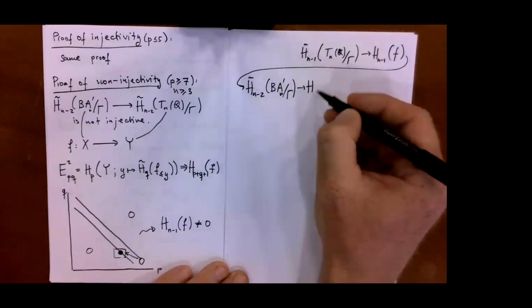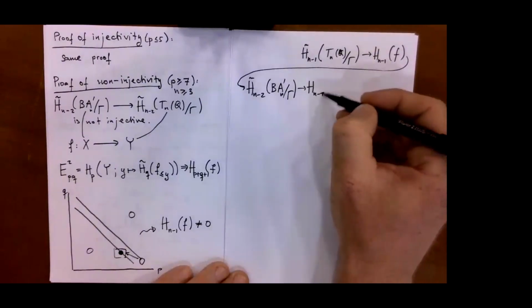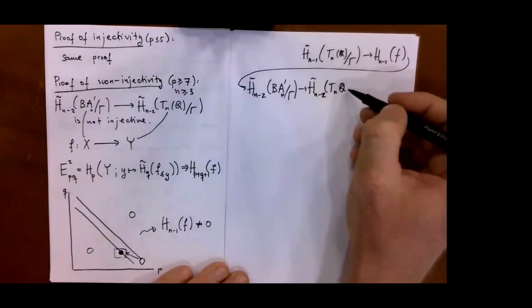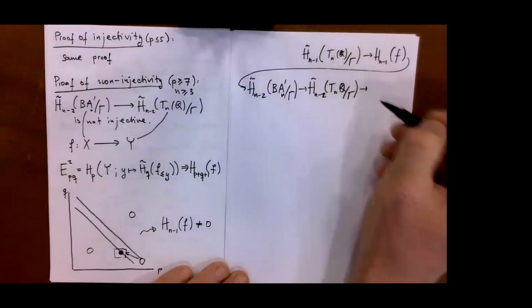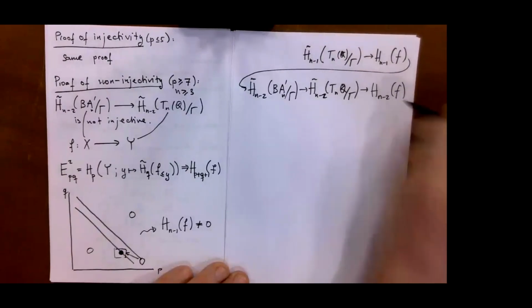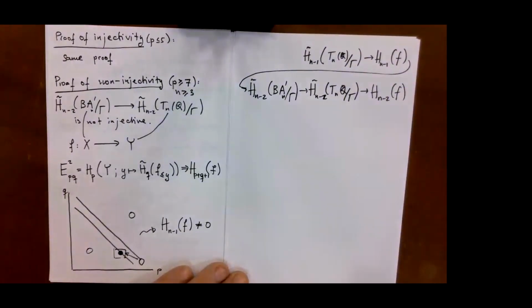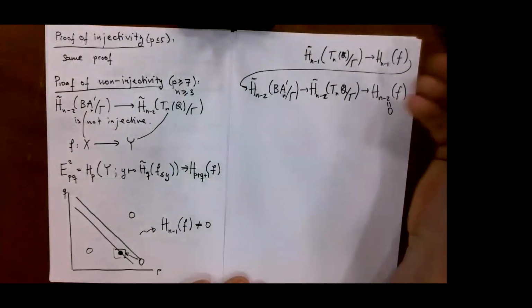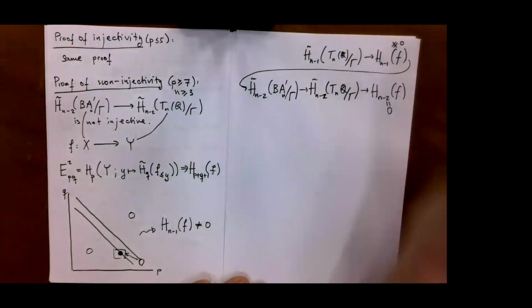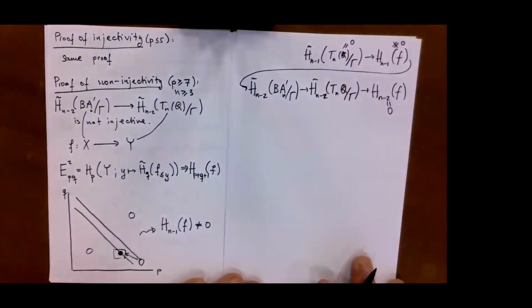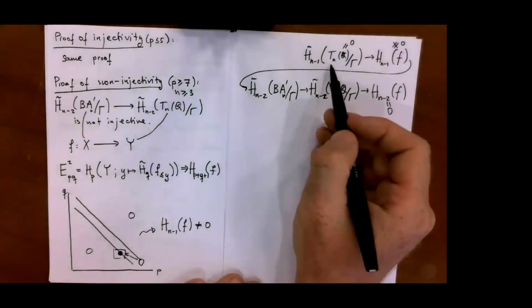Then I get to h n-2 of T n q mod gamma. And then maybe I get to this. Now, this here is 0 because, as you can see over here, there are only zeros. We just proved that this thing here is not 0, but this thing here is 0 because there's nothing in those dimensions.